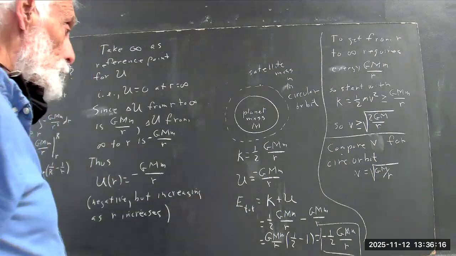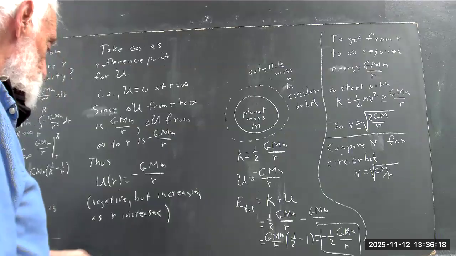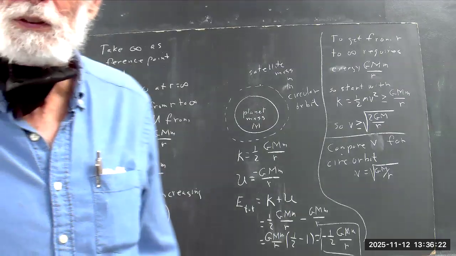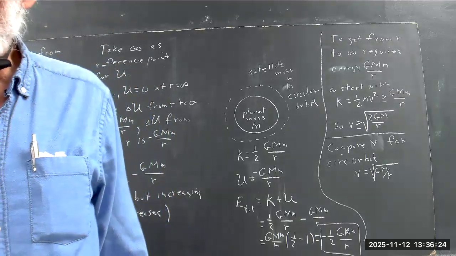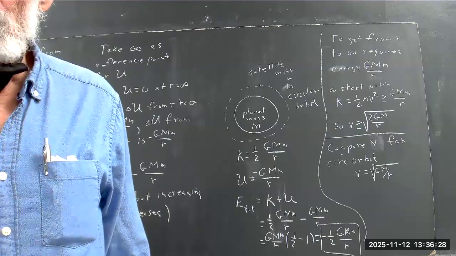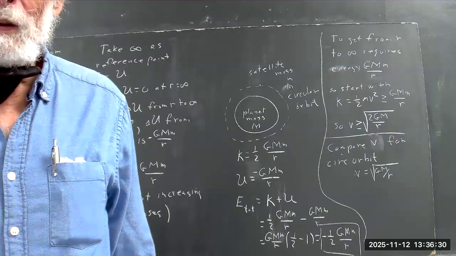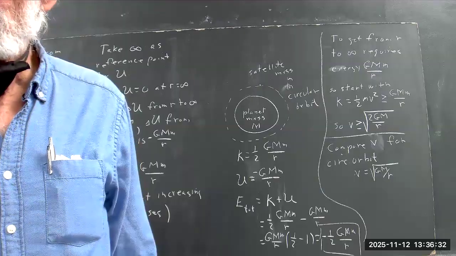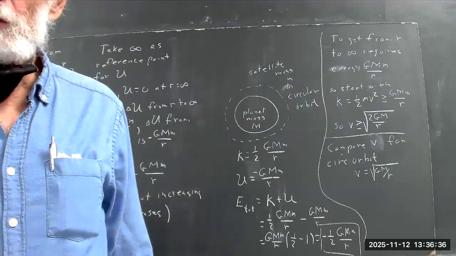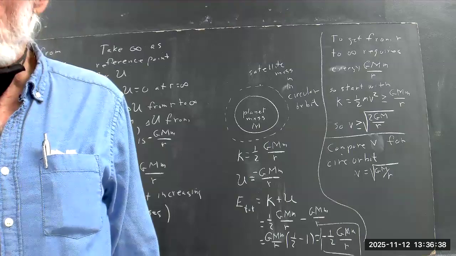So that can all be summarized, and I'm going to recommend that you summarize it. What do you know about a circular orbit? Well, you know that the kinetic energy is 1/2 big G big M little m over r. You know that the potential energy is negative big G big M little m over r.